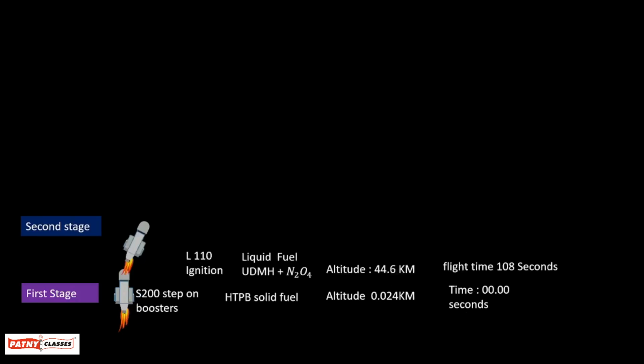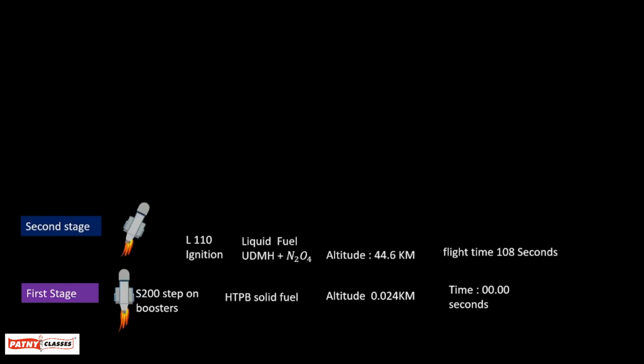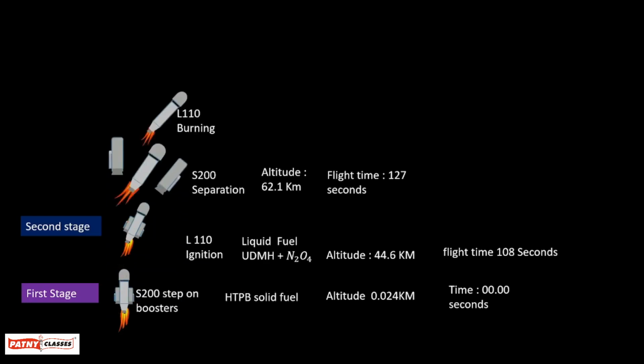And in the second stage, L110 ignition occurs at altitude 44.6 km and flight time 108 seconds. After that, S-200 separation at an altitude of 62.1 km, flight time 127 seconds.